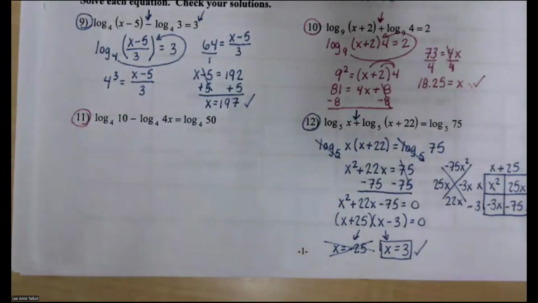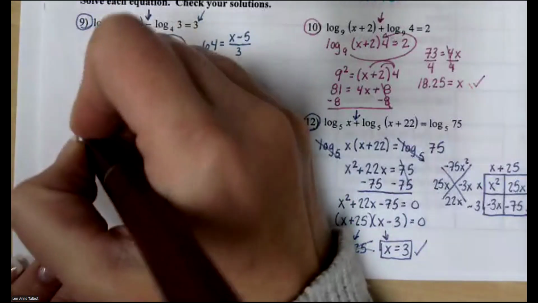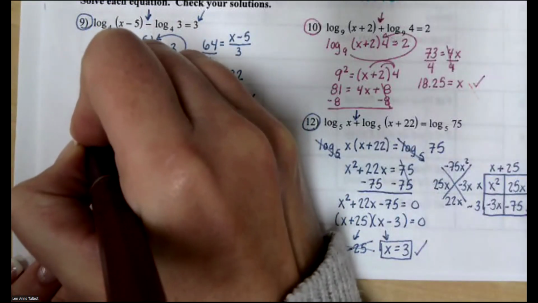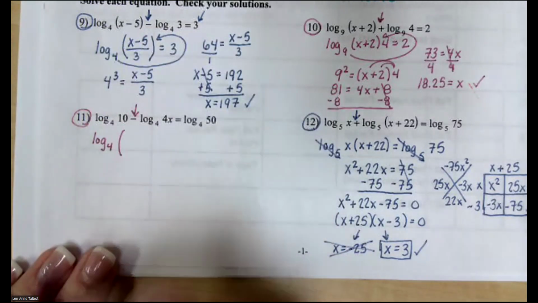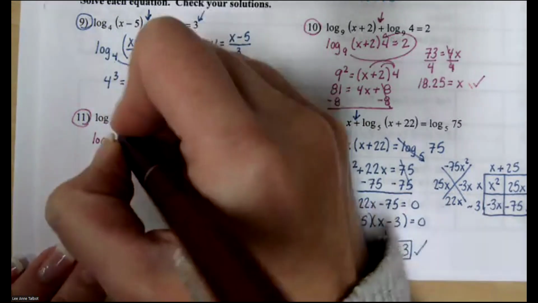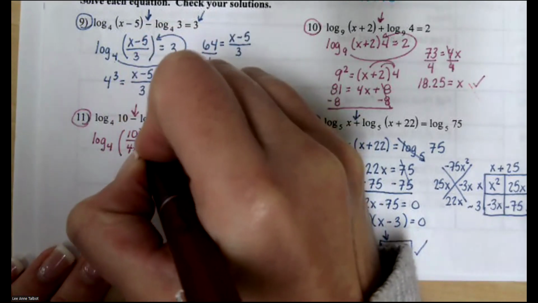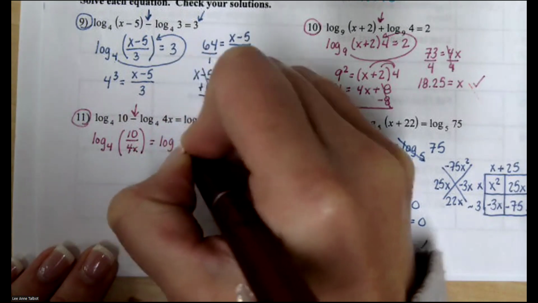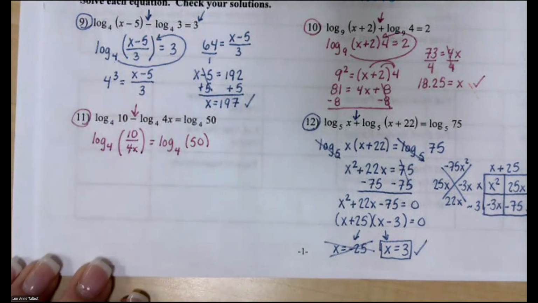Okay, last one of these. Log base 4 of, okay, and subtraction is division. Okay, Guinan circle or cross out.